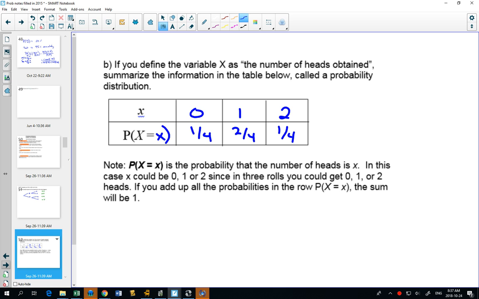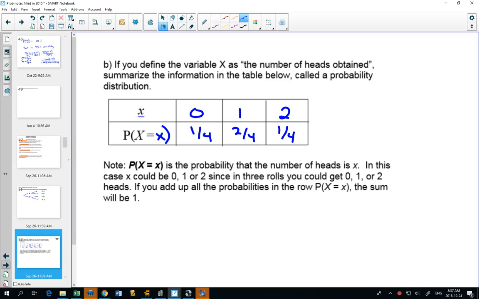We call this a probability distribution chart. It describes an event, and this time the event was the number of heads that you could get. Along the top, we write out all the possibilities. So when you toss a coin 2 times, you could get 0 heads, 1 head, or 2 heads.